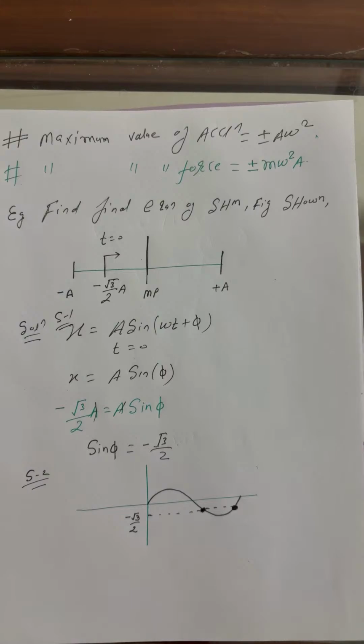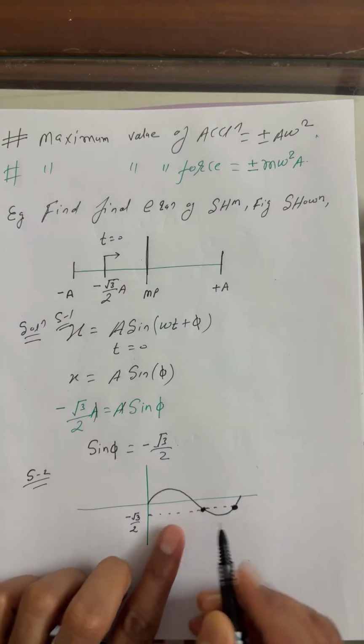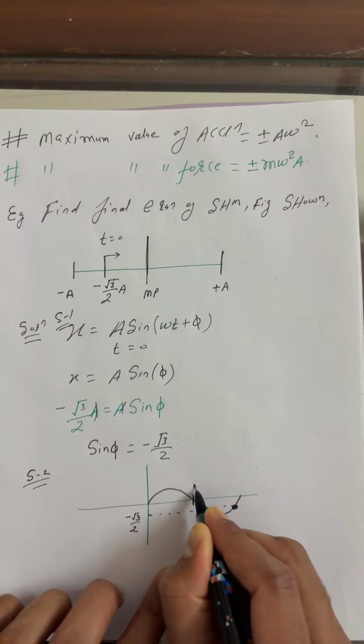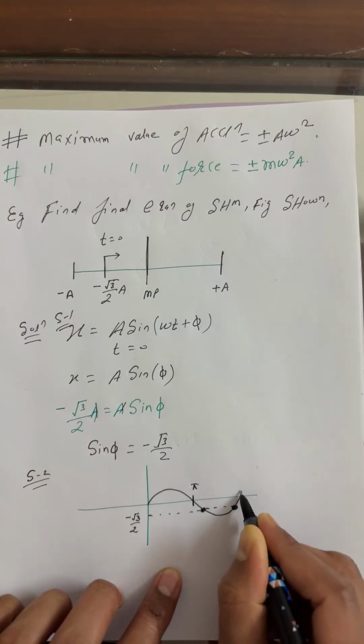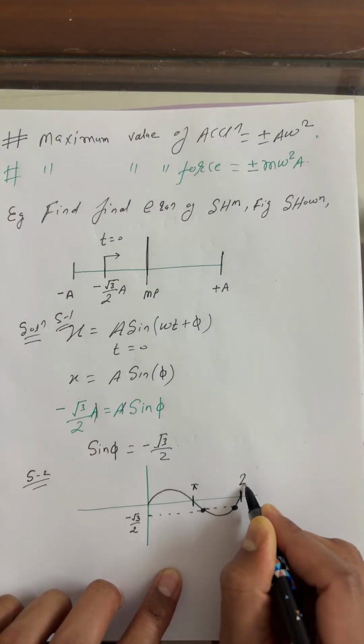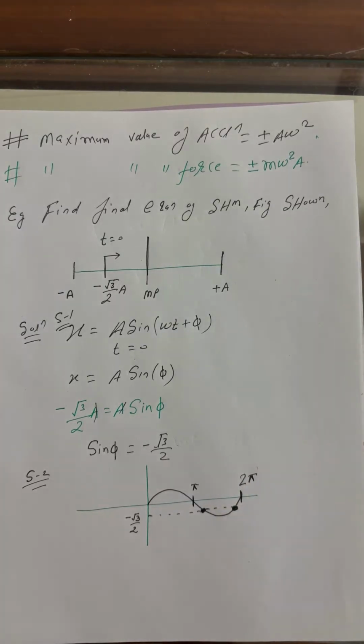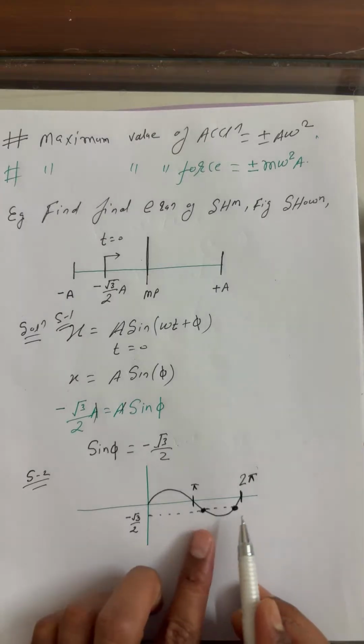Then you can see this is more than pi. I hope all of you remember, this is pi, and this is 2 pi. So this is pi, this is 2 pi.